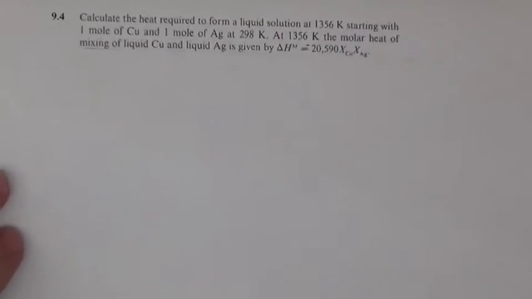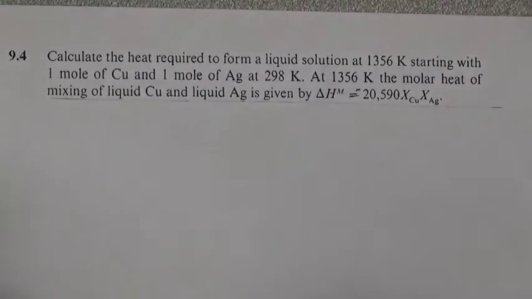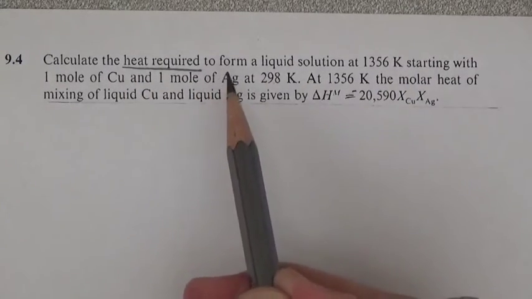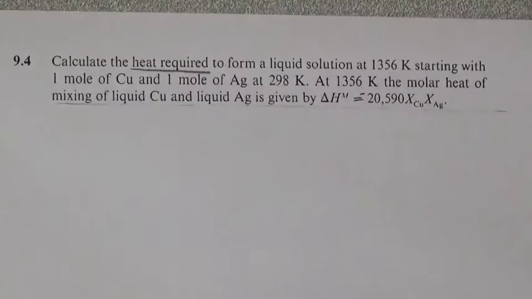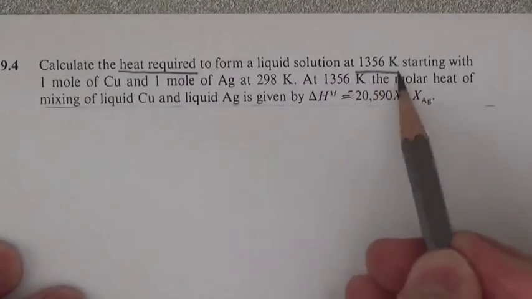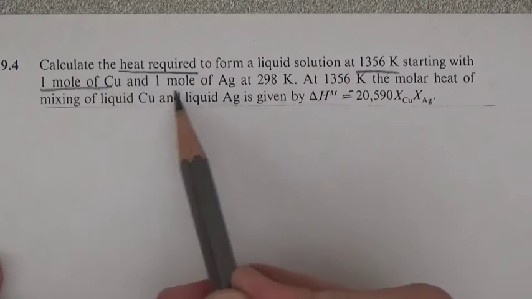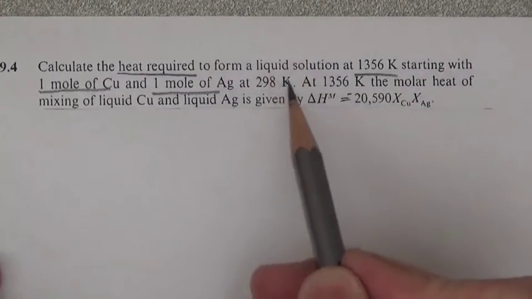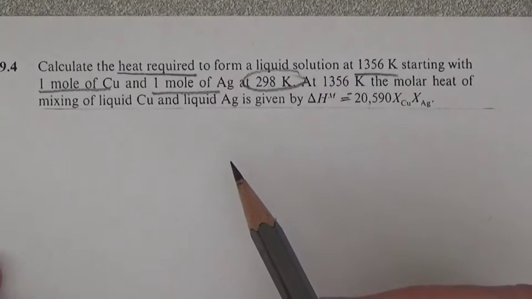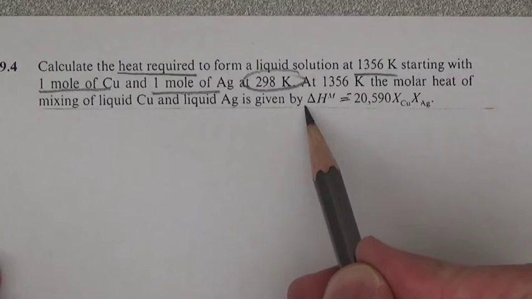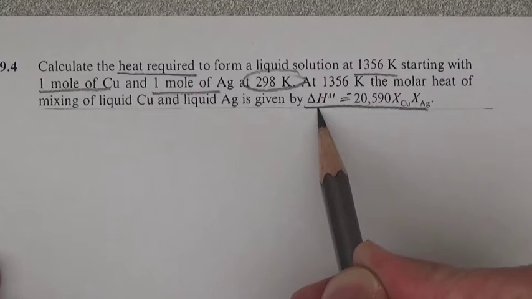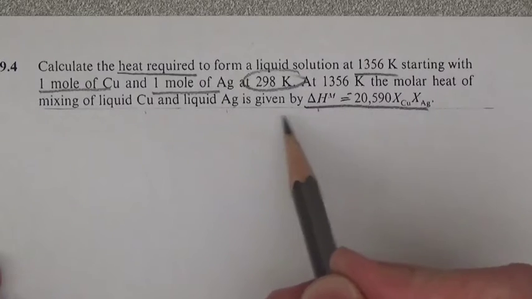Okay, so let's now work on problem 9.4 from the text. And 9.4 is asking us to calculate the heat required to form a liquid solution at 1356 K, starting with 1 mole of copper and 1 mole of silver at 298 K. And then the book gives the molar heat of mixing of liquid copper and liquid silver.